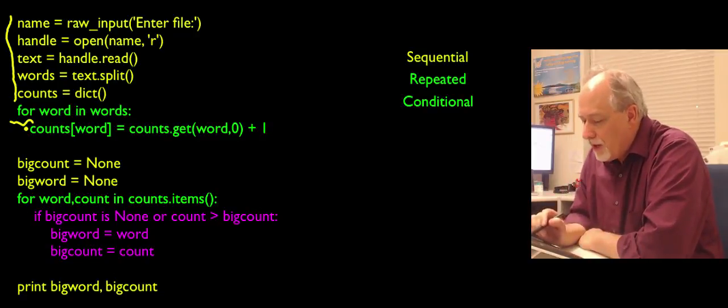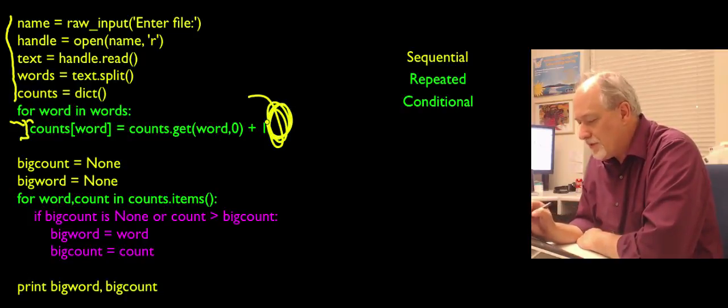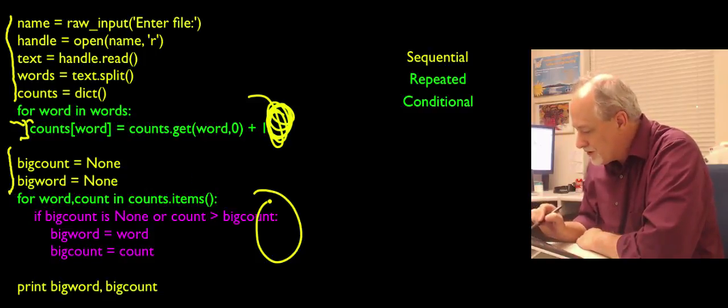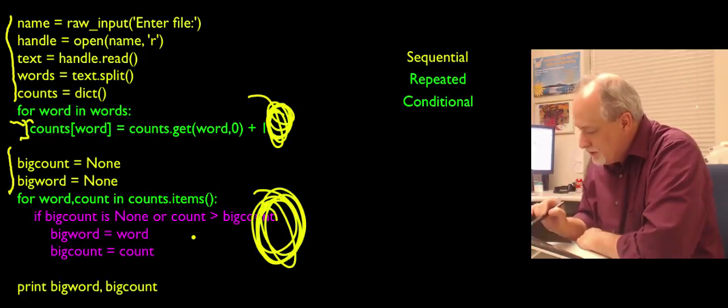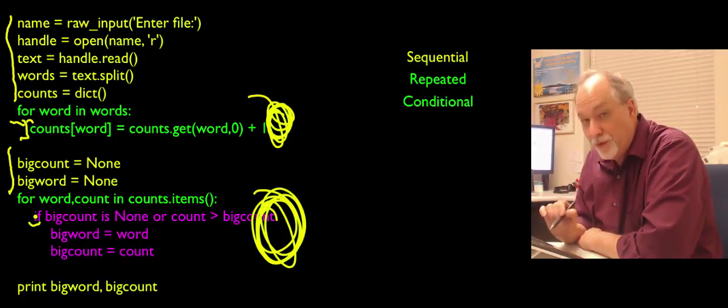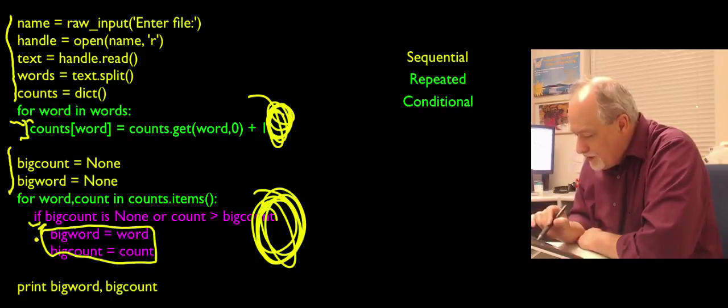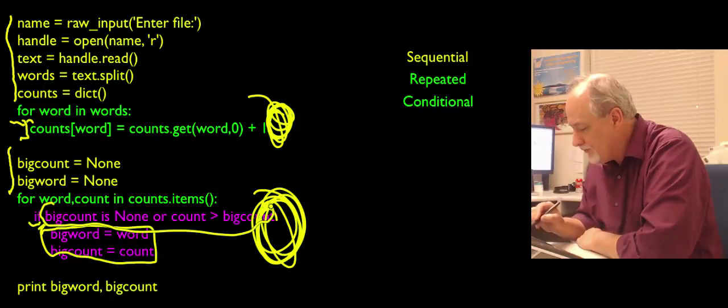Then we have 4, and it's indented. This is a loop. This is going to run a bunch of times. Then we're done with that. We do some more sequential stuff. Now we have a for loop, and that's going to run a bunch of times. And then we have an if, which may or may not run. So this little block of code is conditionally executed based on something, and here's the question that we're asking.